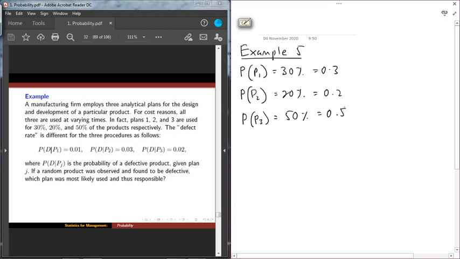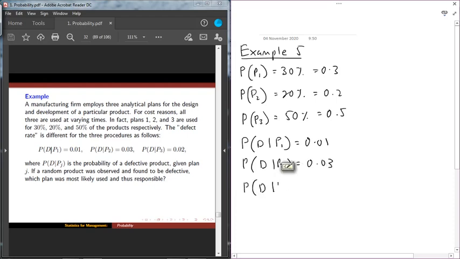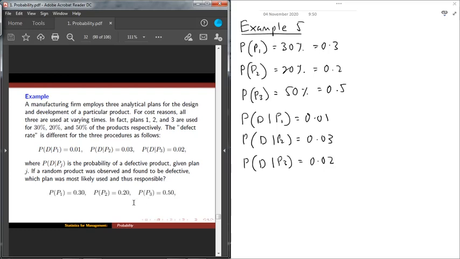P3 is 0.5. If a product is made by P1, the defect rate is 0.01. If the product is made by P2, the defect rate is 0.03. P3, the defect rate is 0.02. In the slide I have given this one.